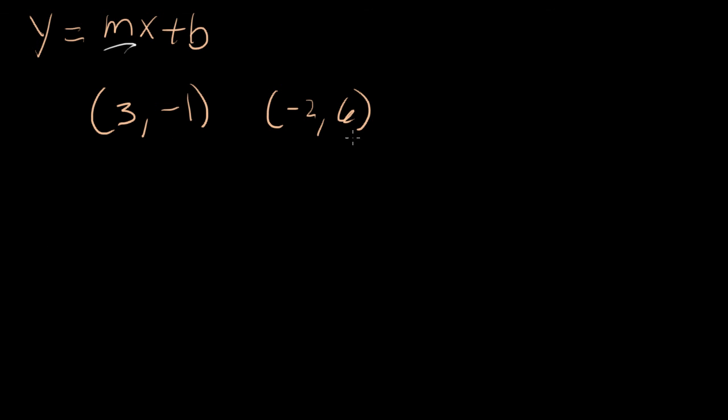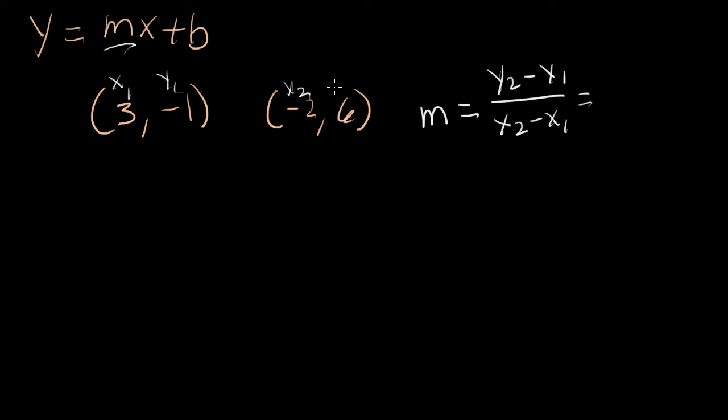So the first thing we need to do, no matter what method you choose, in order to work this, is to find the slope. So the slope formula is, of course, y2 minus y1 over x2 minus x1. So let's label them so we don't get confused. x1, y1, x2, y2. Okay, so y2 is 6. 6 minus -1 over x2 is -2. -2 minus 3.